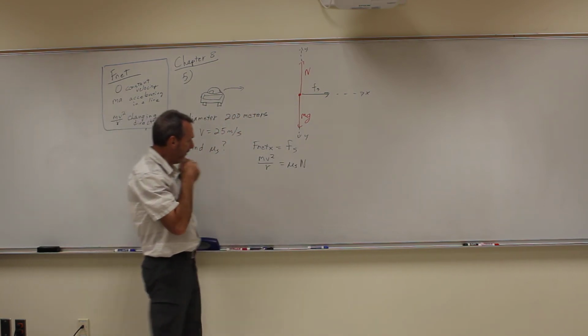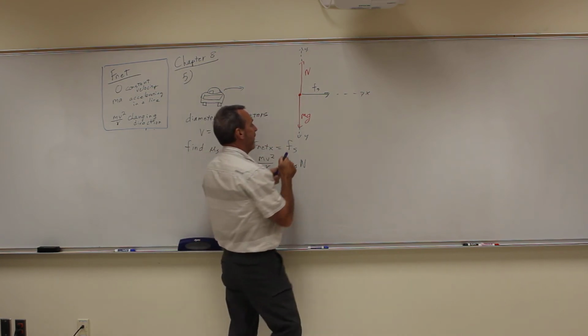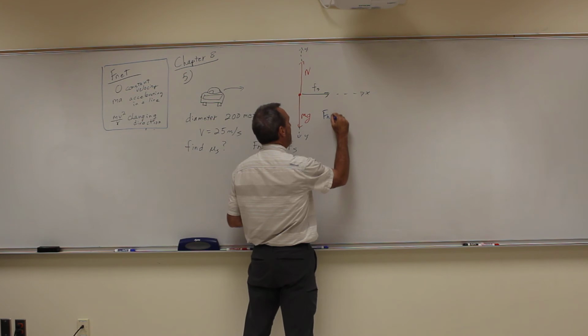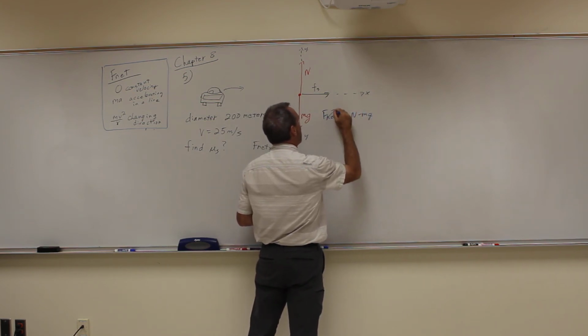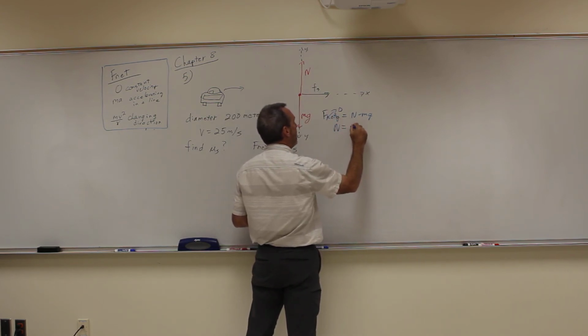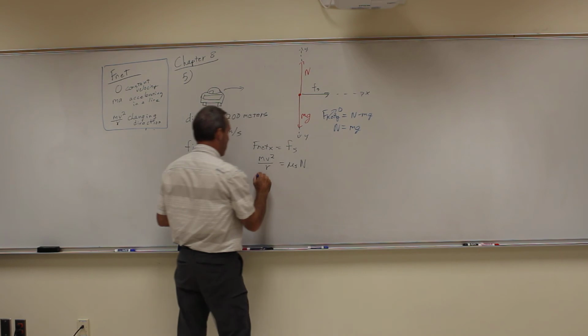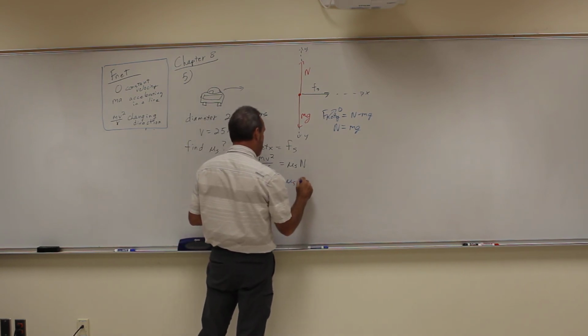But in this case, mu sub s times the normal force just has to equal gravity because F net y is equal to normal force minus mg, but this is 0 because it's not accelerating up or down, so the n equals mg. So we end up with mv squared over r is equal to mu sub s mg.